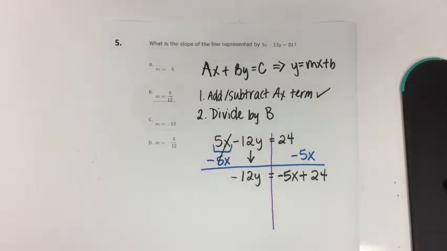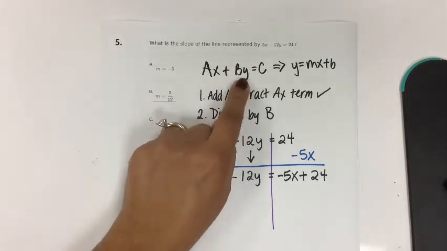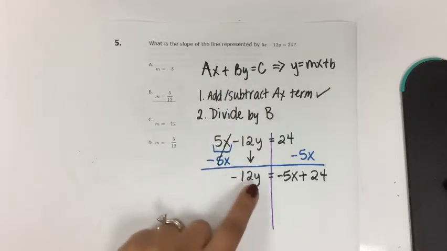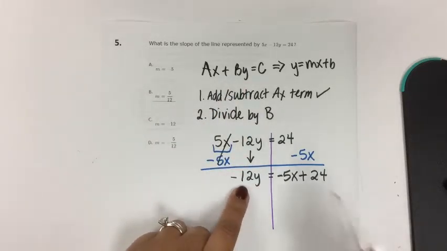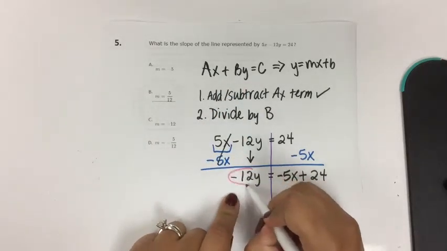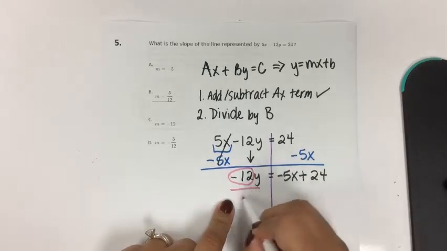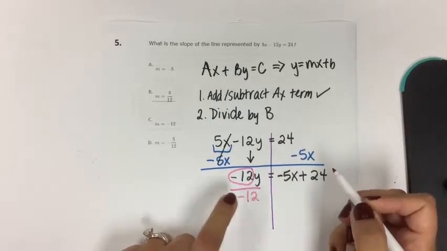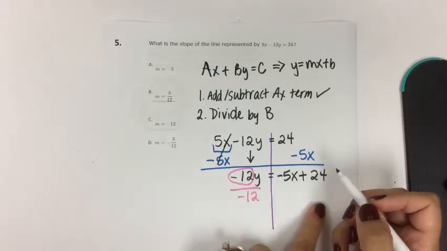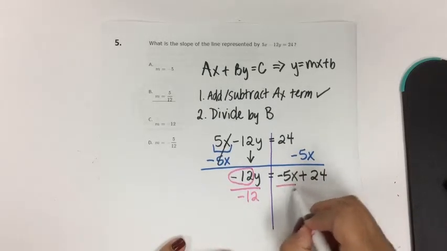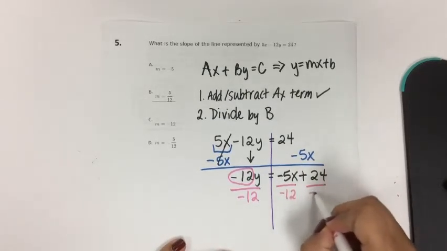My b value is the number directly in front of the y variable. So here's my y variable, and here's the number directly in front of that. I'm going to take this number and divide by it. And what I do to one side, you always have to do to the other side, to every term. So divide by negative 12, divide by negative 12.